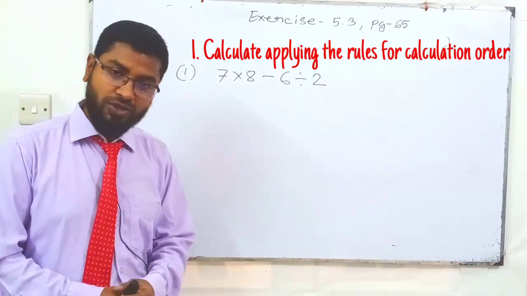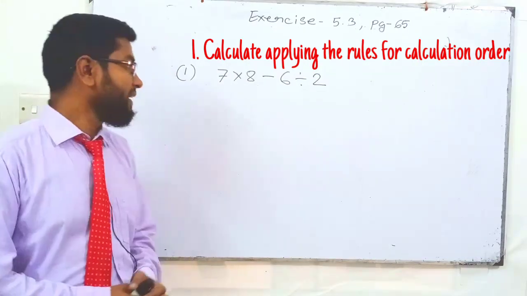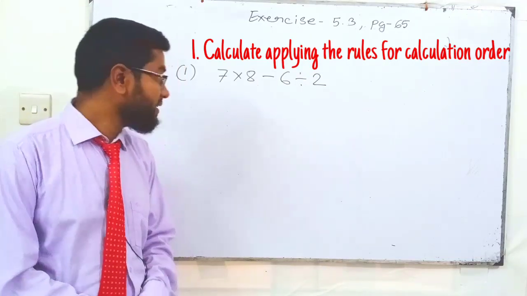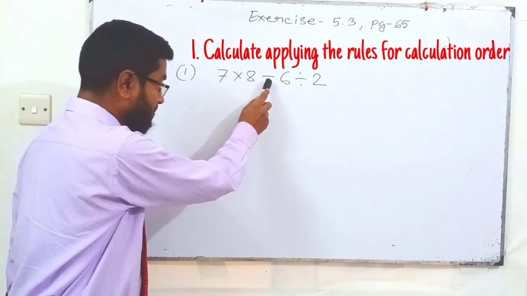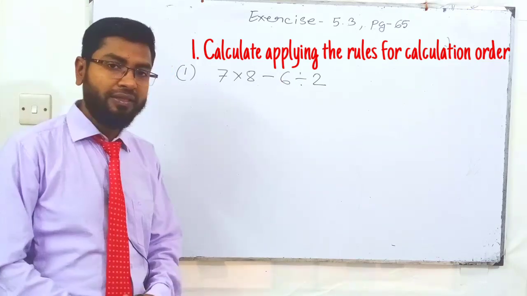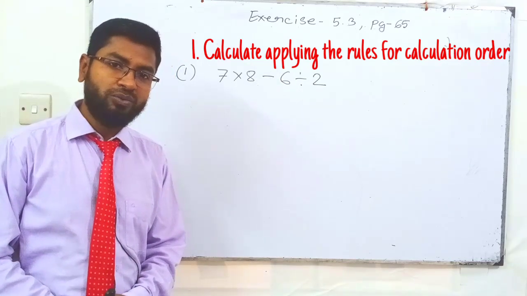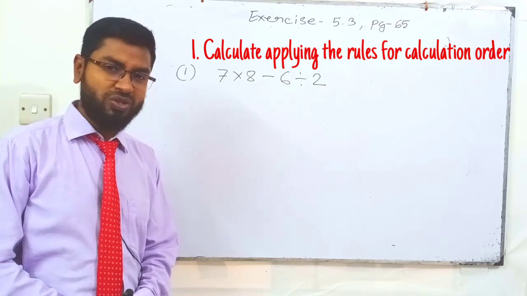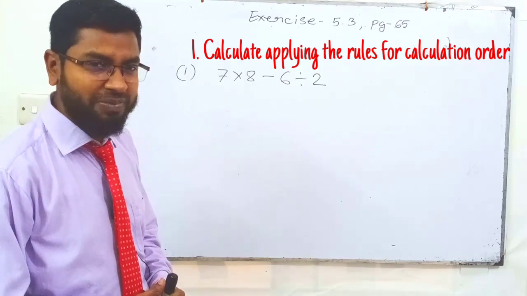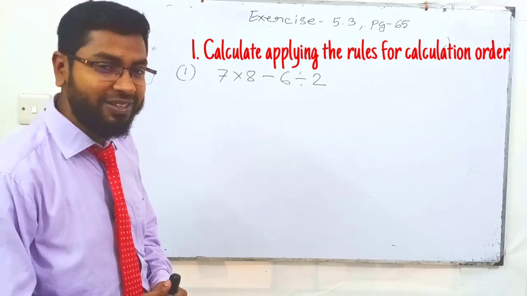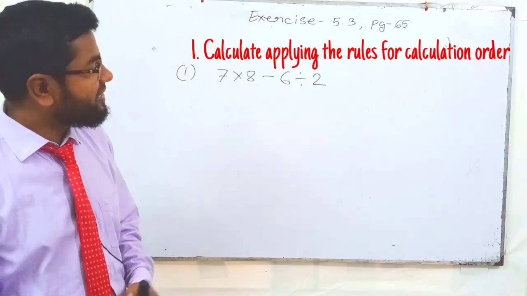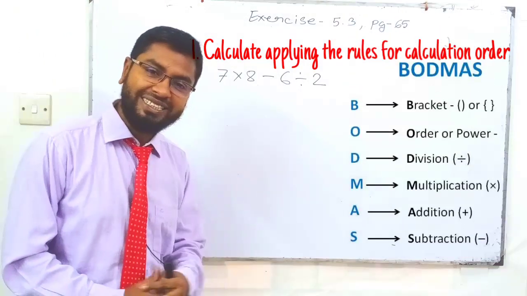This math we will solve right now. See, in this math there are 3 operations: multiplication, minus and division. Which part will we solve first? There are rules, and we will follow those rules. The name is BODMAS.